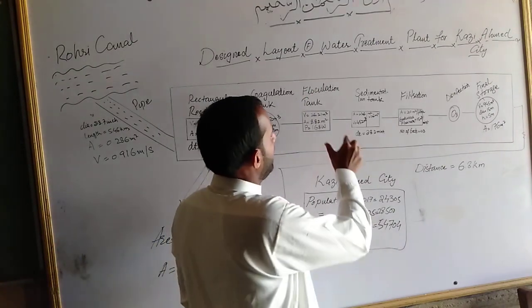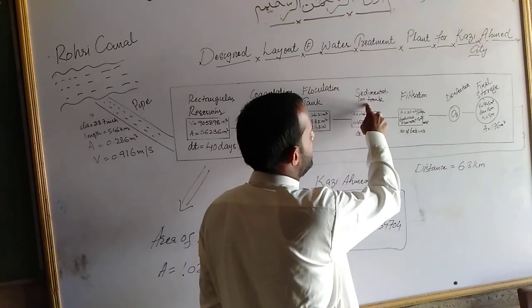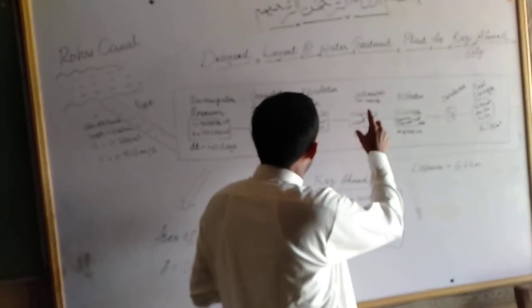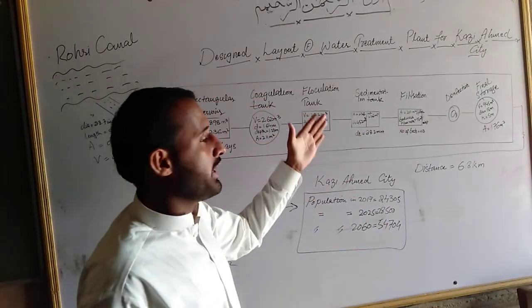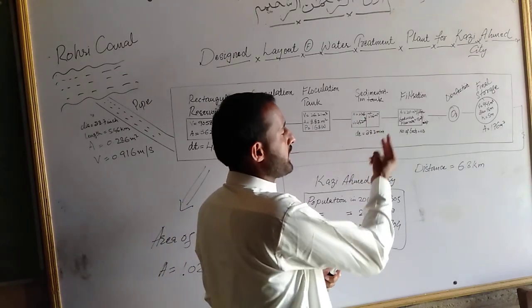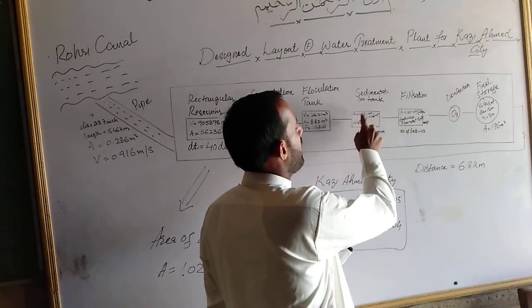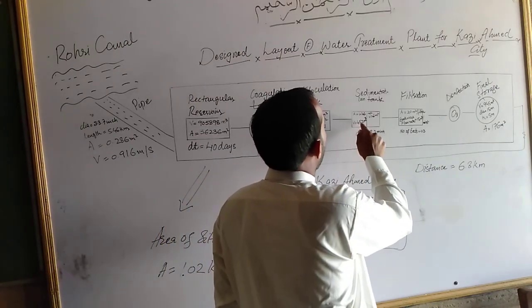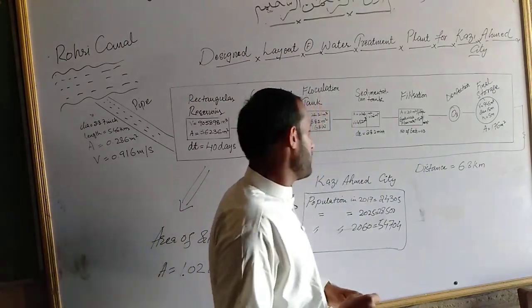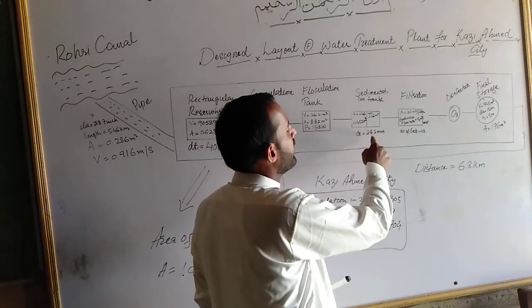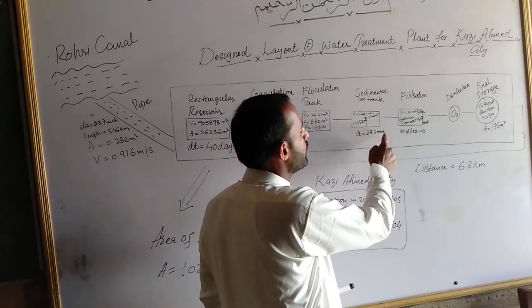And then from the flocculation tank we have the sedimentation tank. In the sedimentation tank, we have a requirement of flow such that we need two tanks, each one of area 226 meters square with a volume of 452 meter cube each, while the detention time here is calculated as 28.2 minutes.